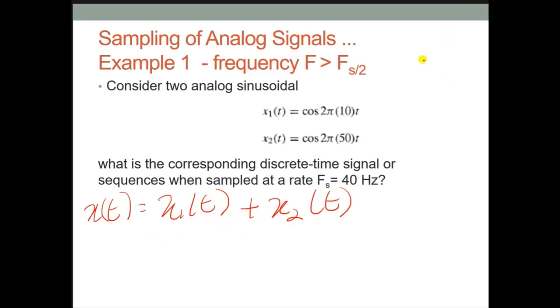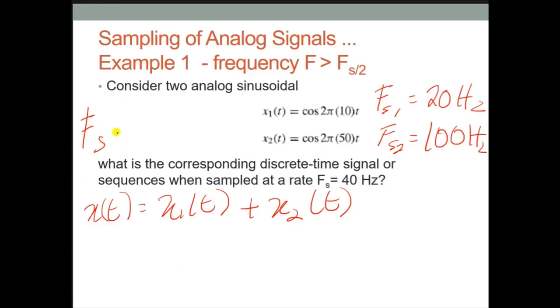So we know that for x1(t), the sampling frequency must be at least 20 Hertz, and for x2(t) it is 100 Hertz. And then we know that Fs must be bigger than or equal to 2 f max.